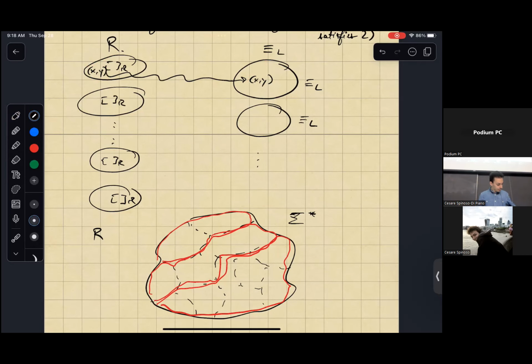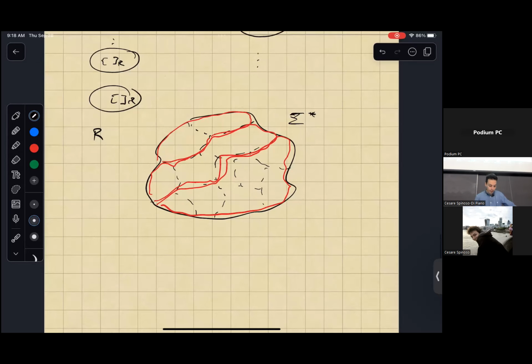Okay. So suppose I have a pair of strings, x, y, in sigma star. And suppose that x is related to y via R. This R is the one that satisfies statement 2. Then what I want to show is that x is related to y via this Myhill-Nerode relation. Well, what does this mean by definition?